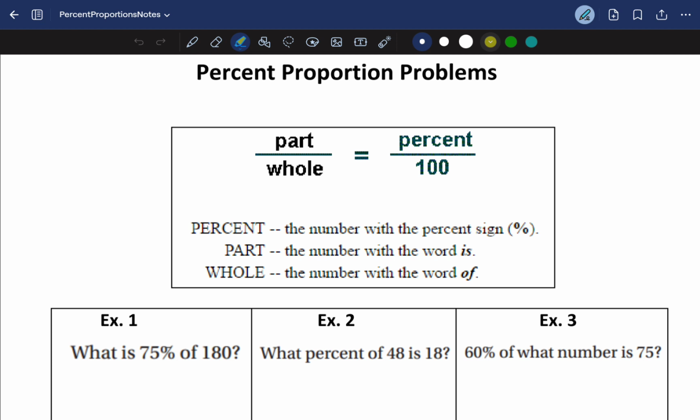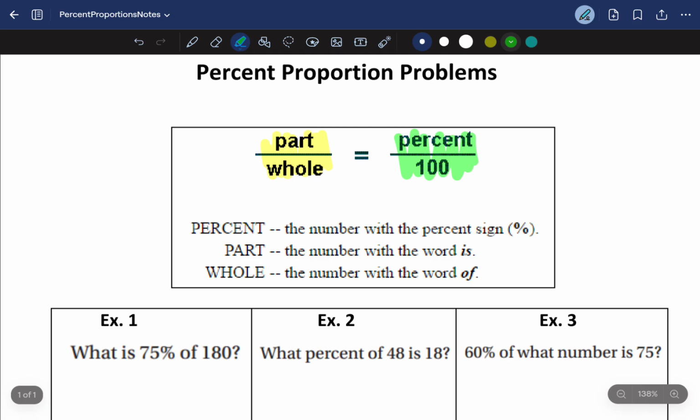Now, when we are doing proportions, generally speaking, there are different formulas. When it comes to a percent proportion, the biggest takeaway is part over whole, and then on the other side of the proportion, we have percent over 100.